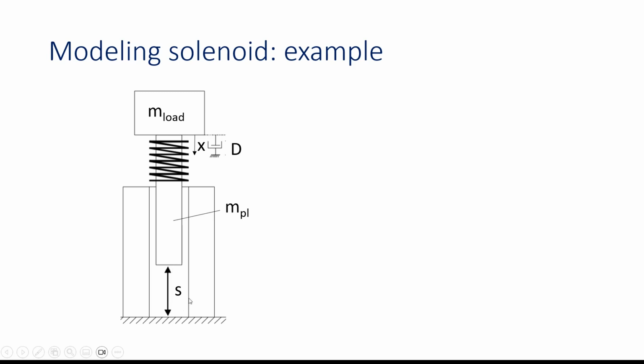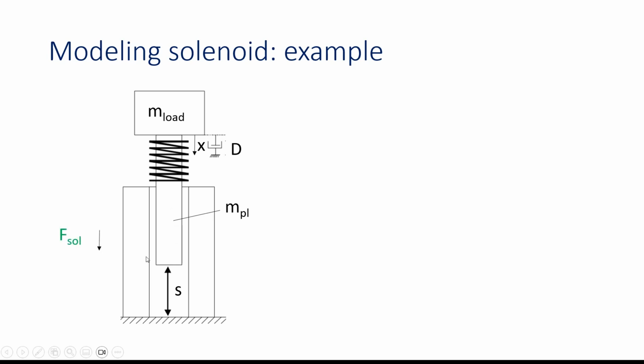So when the damper is also added to your solenoid, you have to take that into account in your equations of motion. So first of all, let's define a couple of forces acting on my plunger in this example.